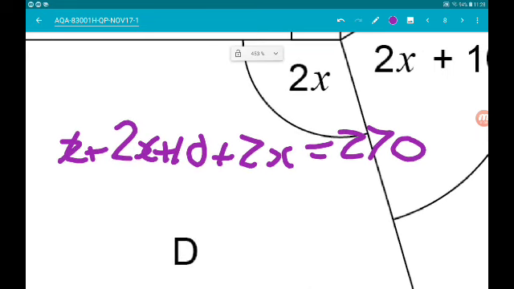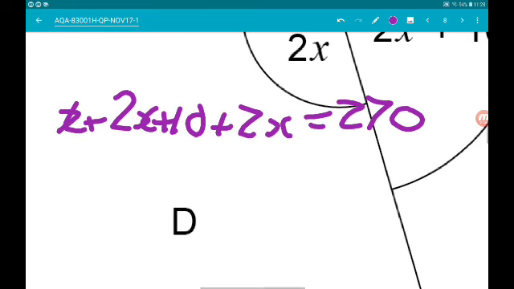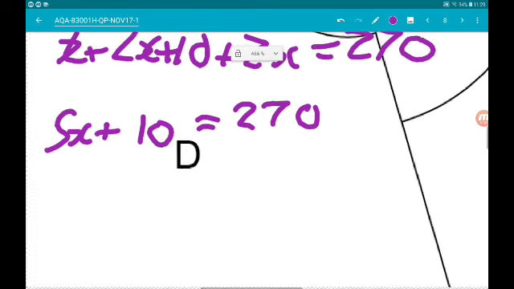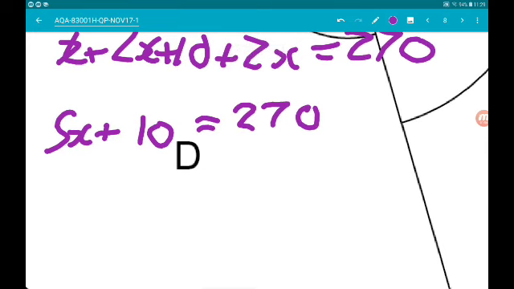So we've got 5x add 10 is equal to 270. We now want to solve that for x, so take away the 10, 5x is 260.